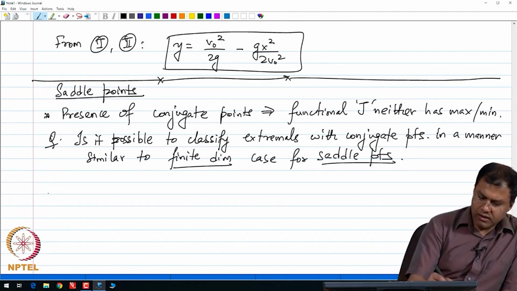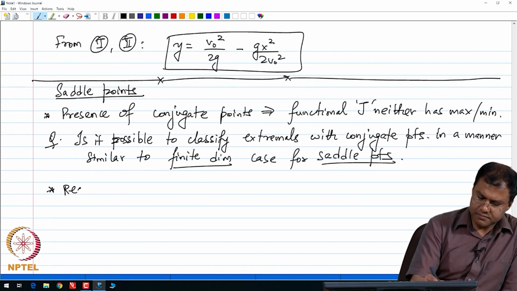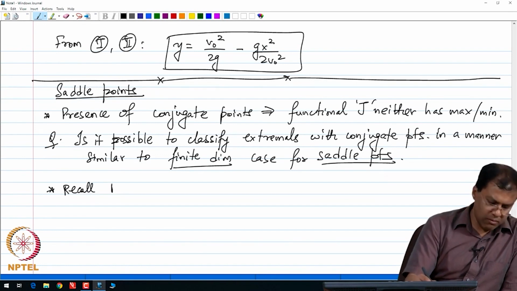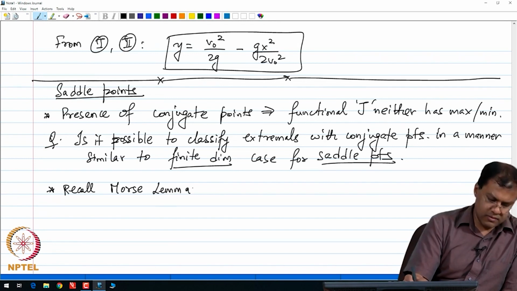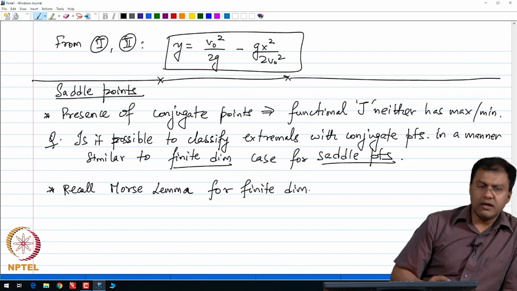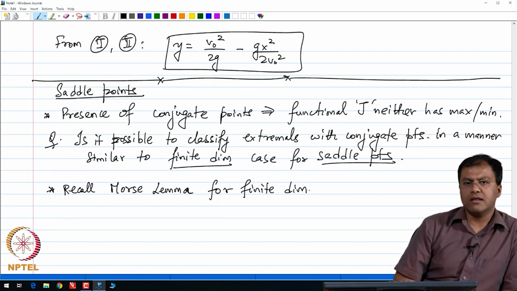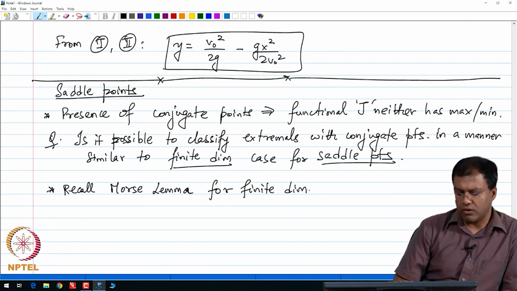So, let us recall the Morse lemma for the finite dimensional case, right. Note that Morse lemma used to count the number of negative signs in the canonical representation of f around a given point x naught. Okay.